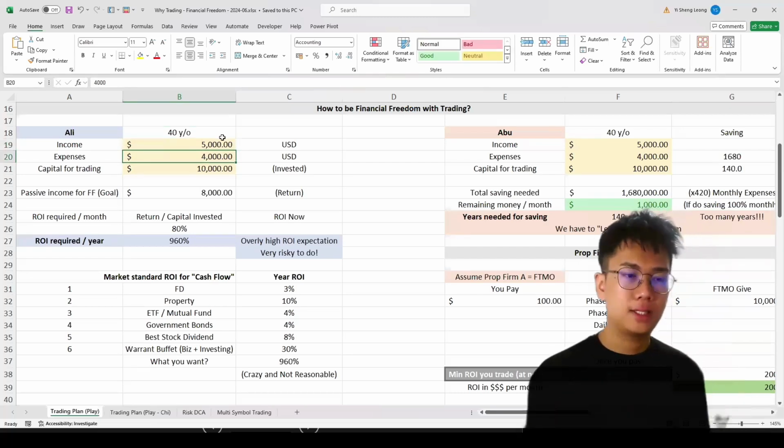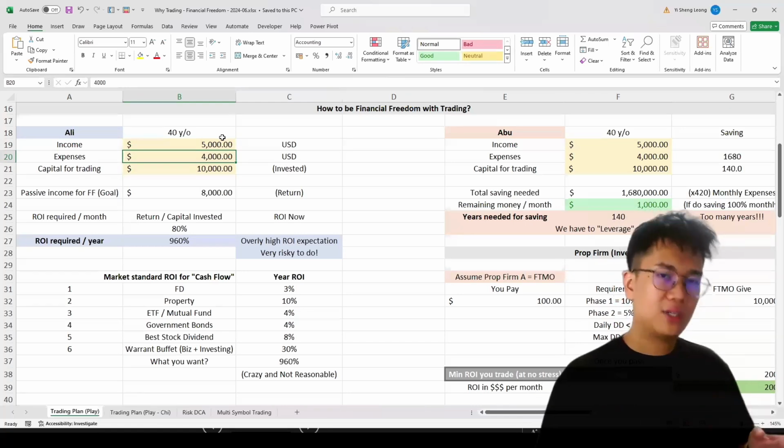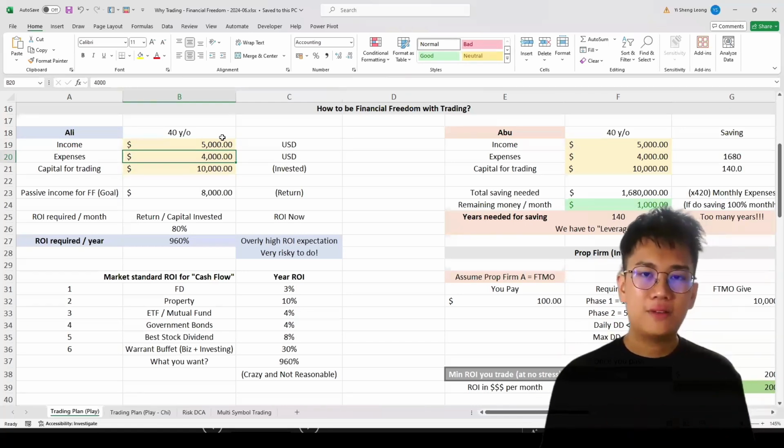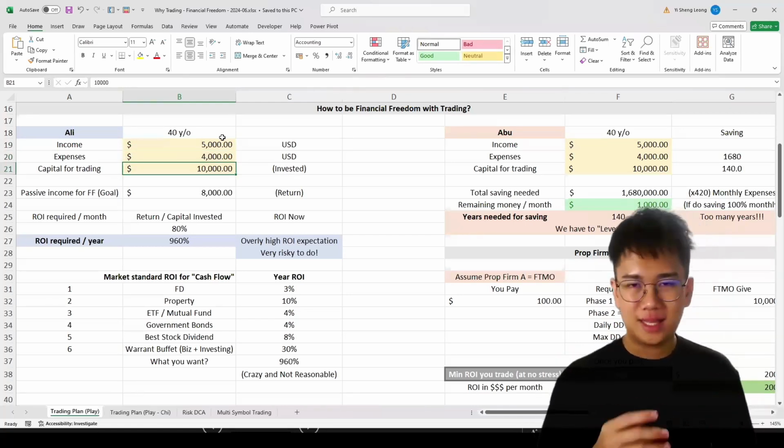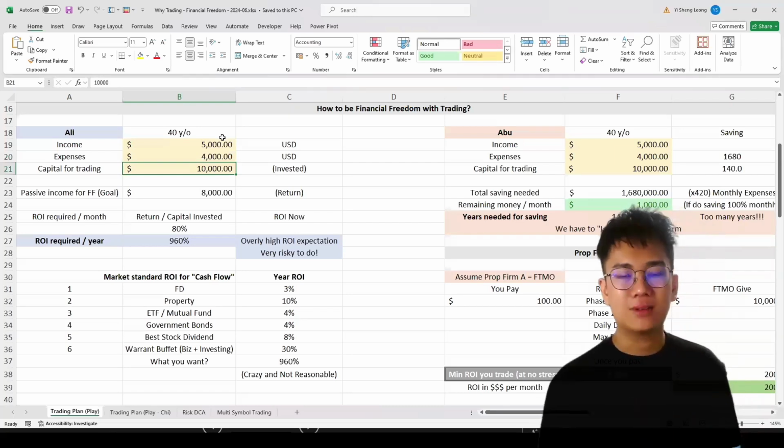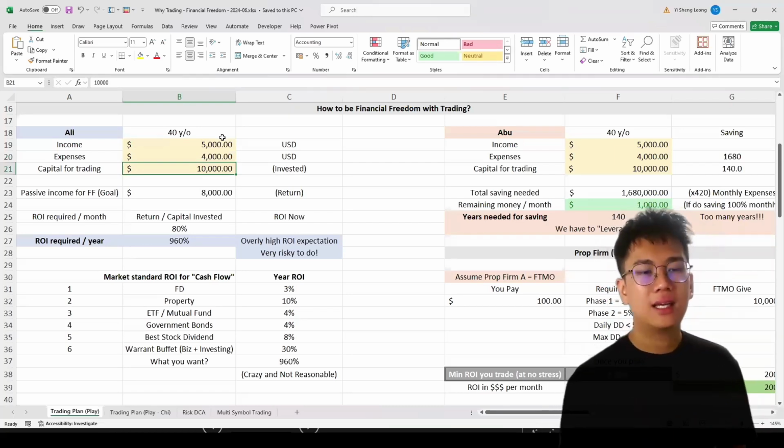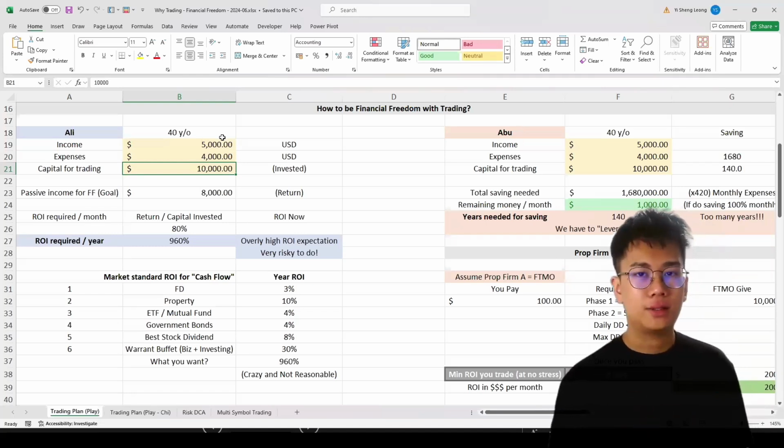And at that age, by saving from your 20s all the way to 40, I believe you should have more than $10,000 in your saving account already. Yes or no? So I say you are going to take out your $10,000 to do the trades for the markets. This is the money that you are going to use to do the tradings.